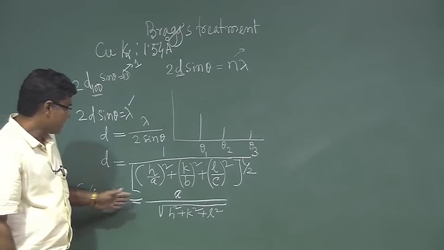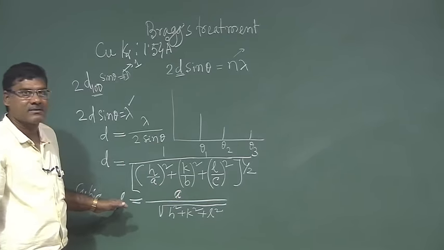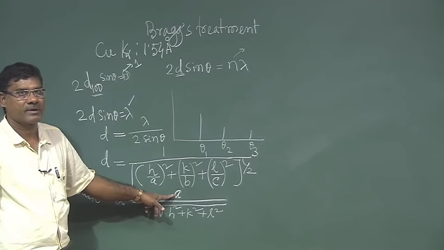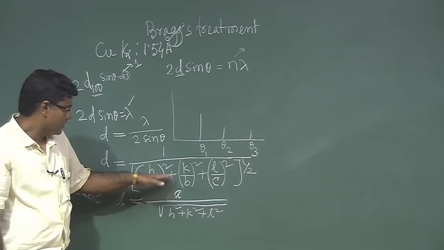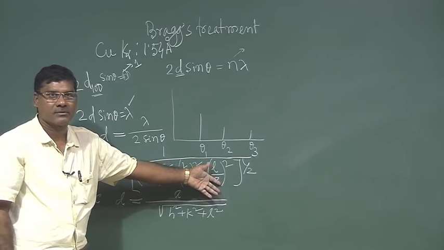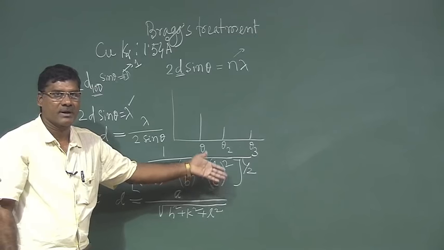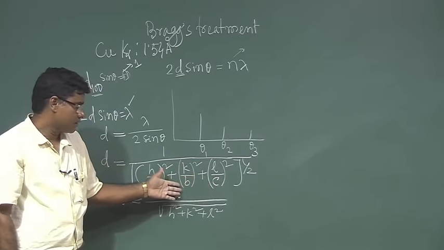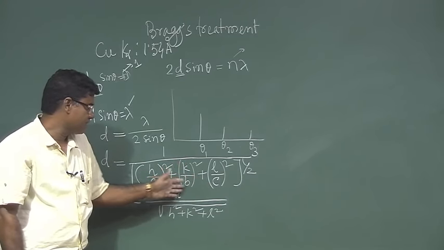From this relation one can find out the lattice constant, the a value, for a cubic system, and for other systems also, orthorhombic or tetragonal, one can find the a, b, c values.